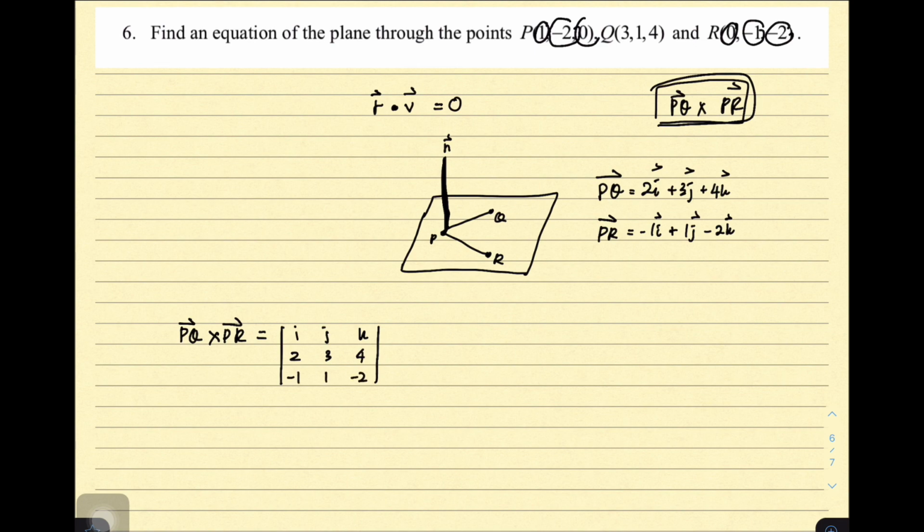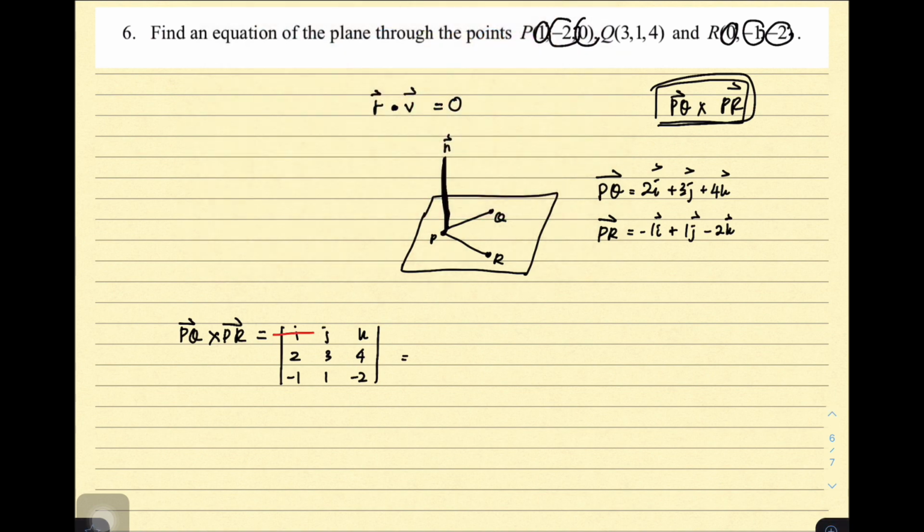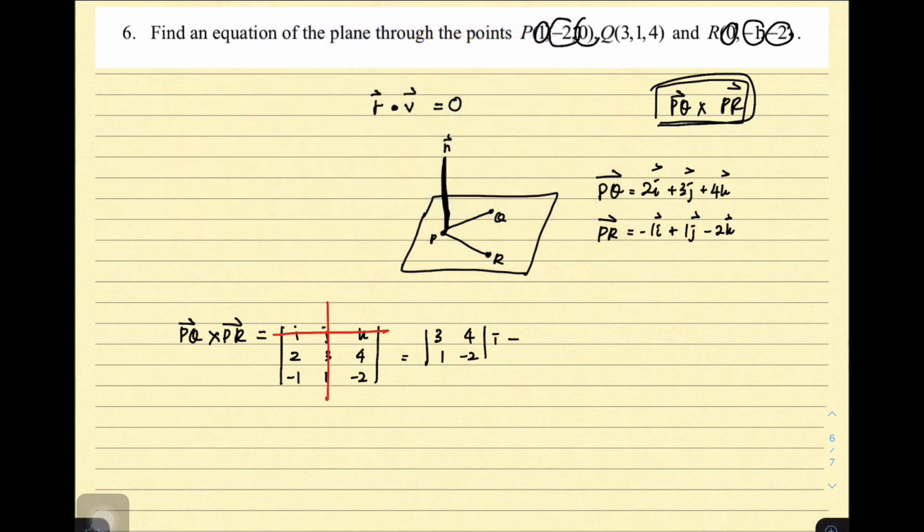Okay, so now kita akan cancel the first row and the first column. Okay, so this one is 4i. So what you will have here is the determinant of 3, 4, 1, negative 2 and this one is for i. Okay, next we will cancel the first row and the second column. And this one is for j, but don't forget that the sign will be negative.